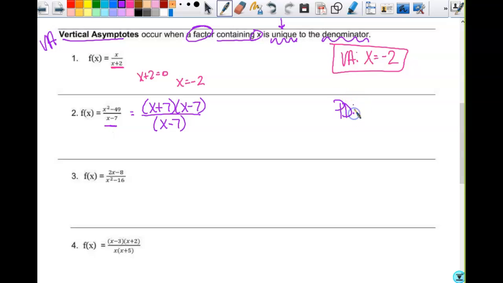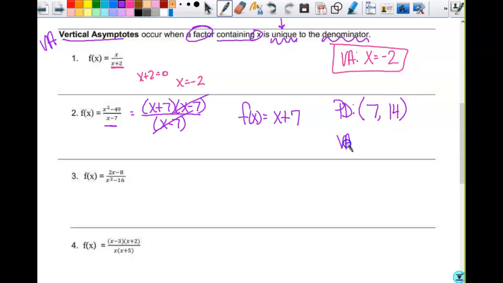And again, this is one where it didn't ask me for this, but if you find it, I would write it down because you might need it later. My x value will be 7. We'll worry about the rest in a minute. So my reduced is f of x equals x plus 7. Right, so then my y value for my point discontinuity is 14.